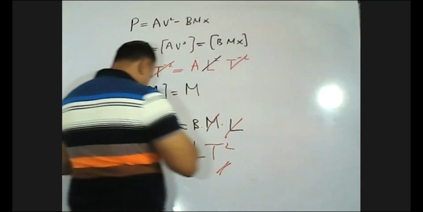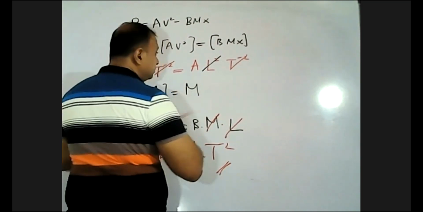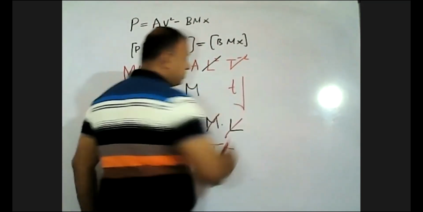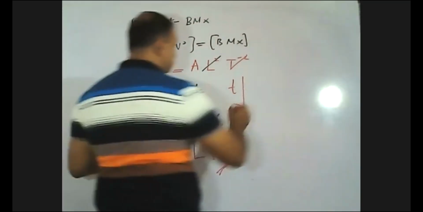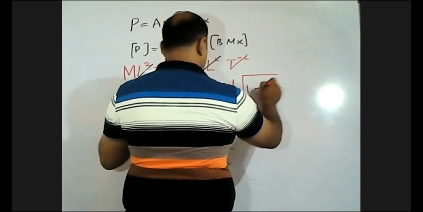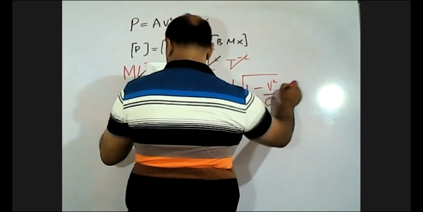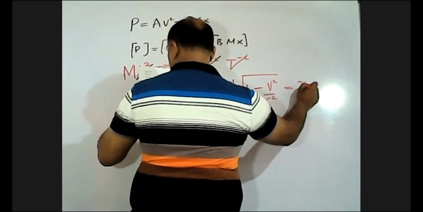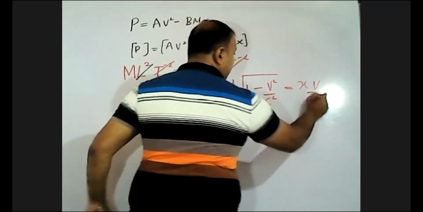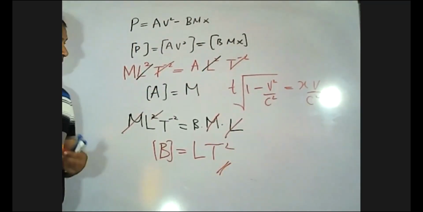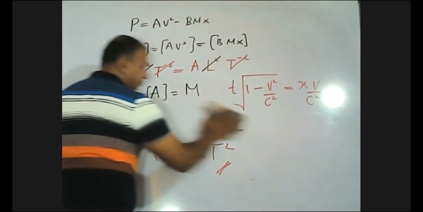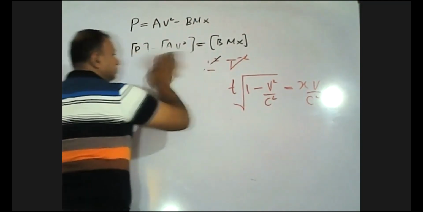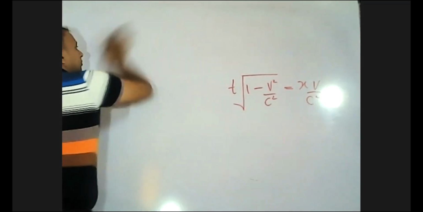We are given this kind of equation, no? T times square root of 1 minus v squared over c squared is equal to x times v over c squared.